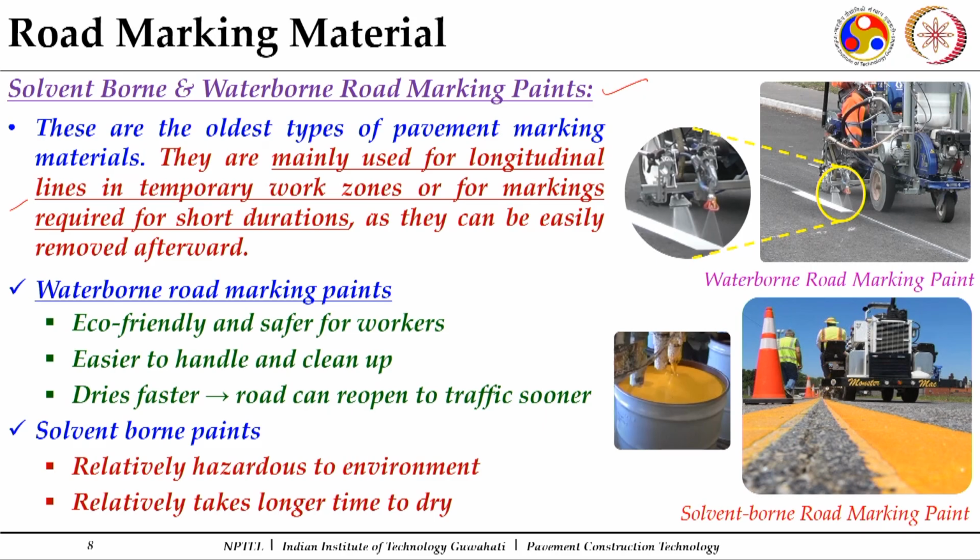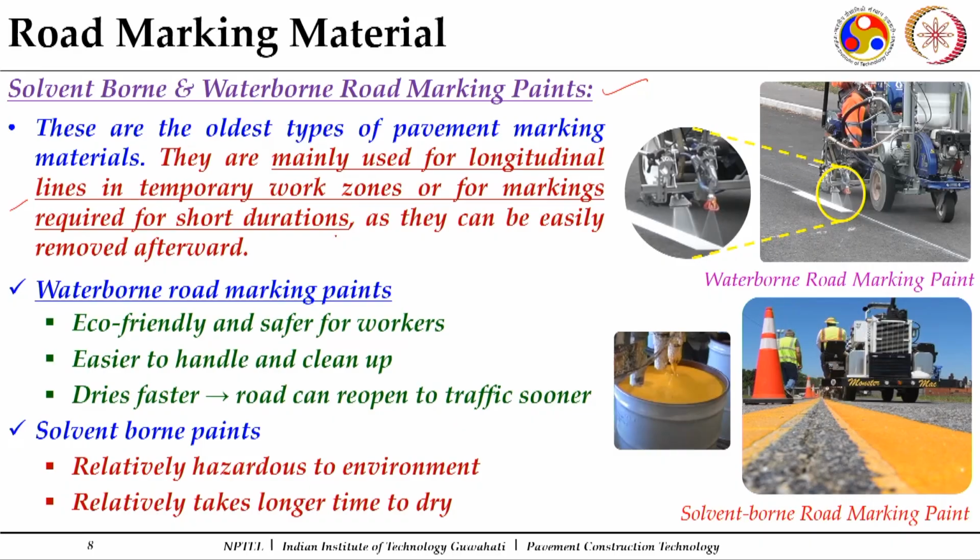As I mentioned, nowadays we have very durable thermoplastic compounds with a long service life, so they are more preferred. But if we require marking for temporary work zones or for shorter durations, we use these water bond or solvent bond road marking paints.